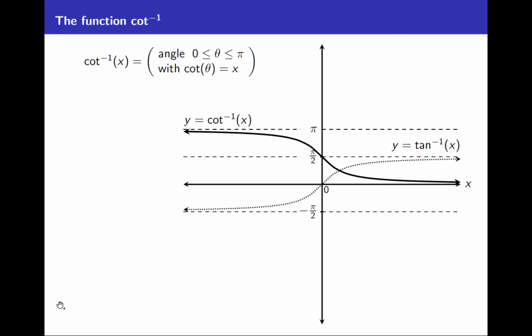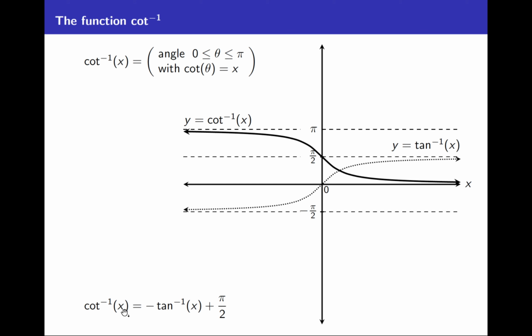So there's a relationship between cotangent inverse and tangent inverse. Cotangent inverse of x, as we've seen up here, is minus tangent inverse of x plus pi over 2. Reflecting tangent inverse across the x-axis and then adding pi over 2 brings the graph to coincide with cotangent inverse of x.